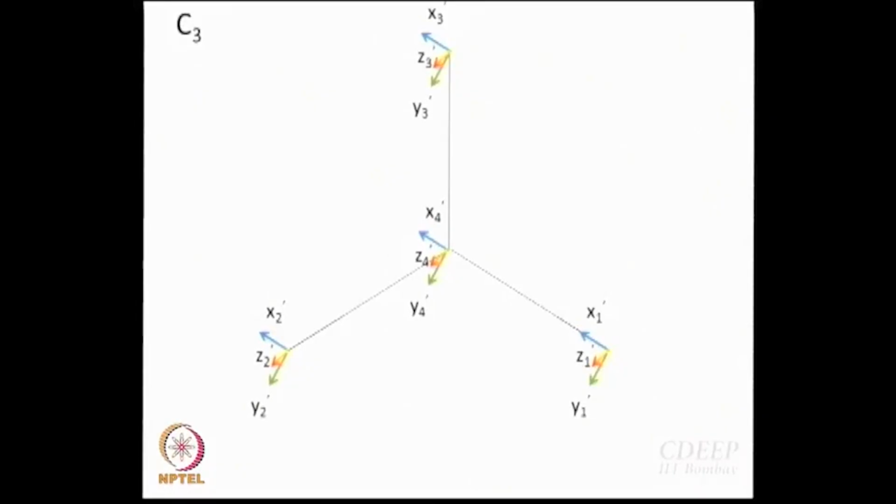Z1 dashed equal to Z2, will you agree with me? What is Z2 dashed? Z3. Z3 dashed is Z1, Z4 dashed is the easiest, Z4, right?